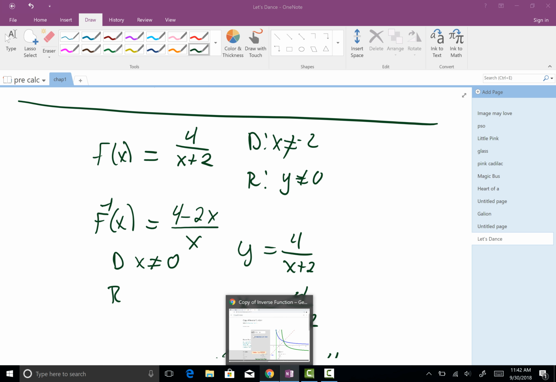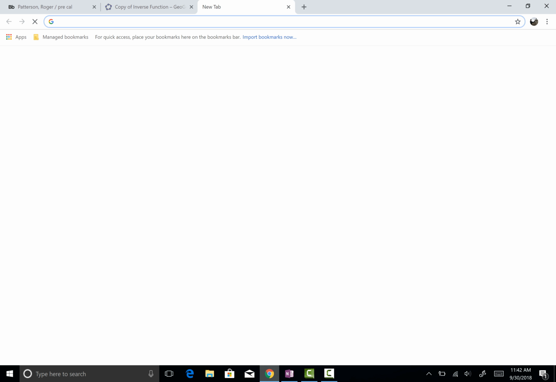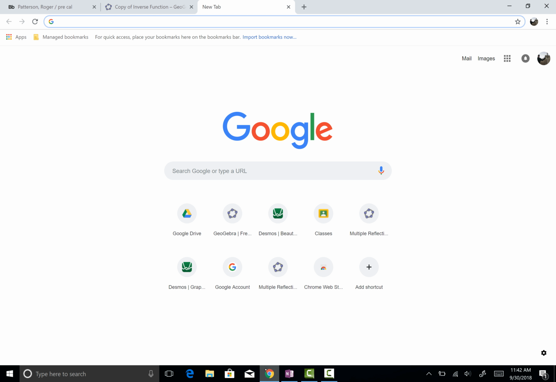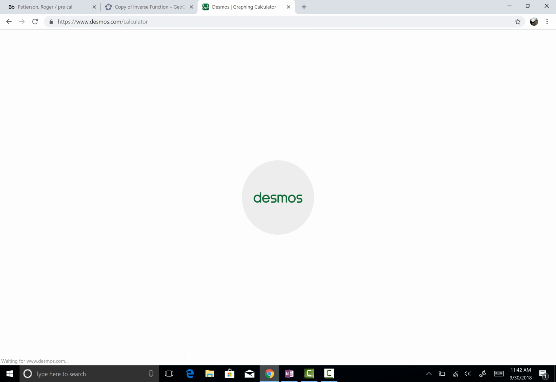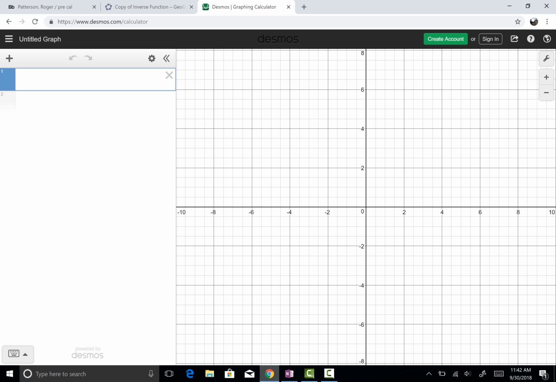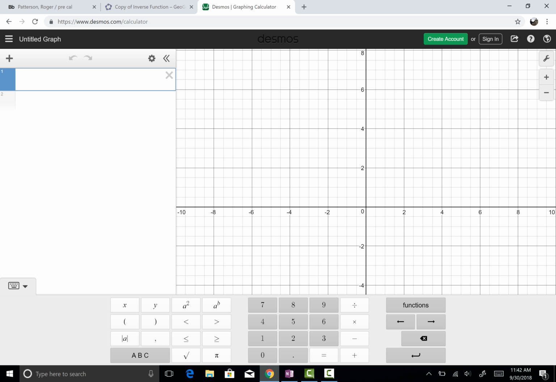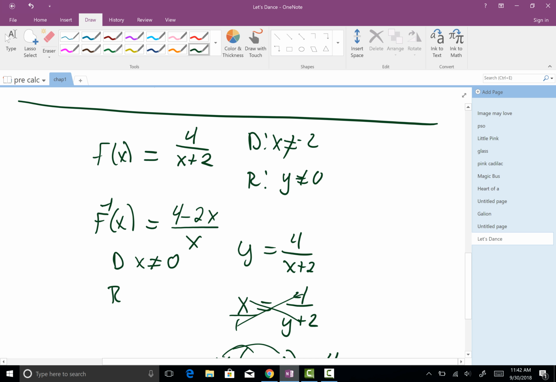Now, I'm not going to use GeoGebra to graph it because that's obviously not working very well. So let's give Desmos a try. Okay, so y equals, now let me take a look at that inverse. 4 minus 2x over x.